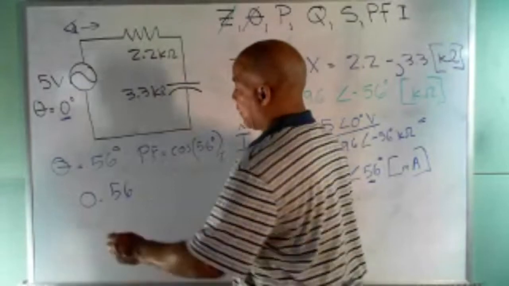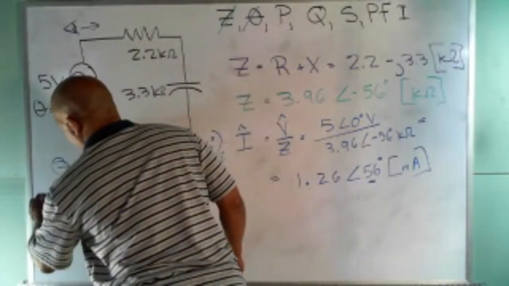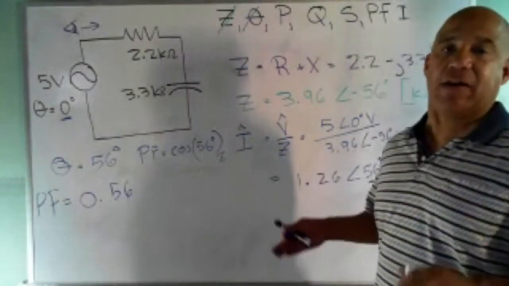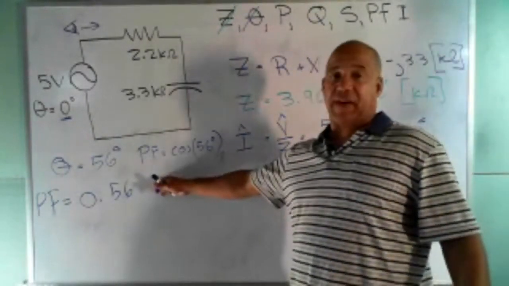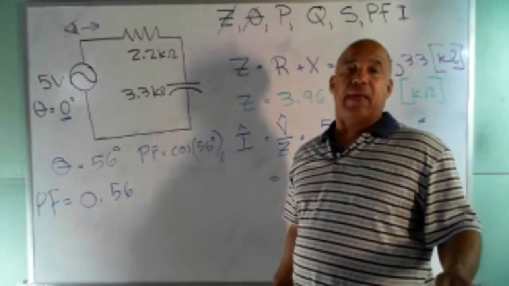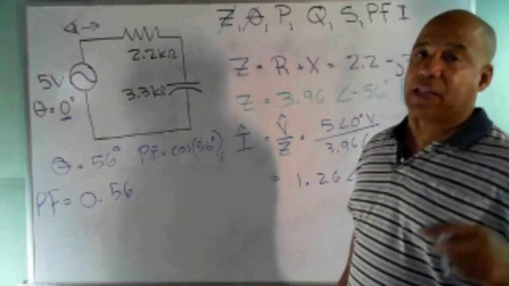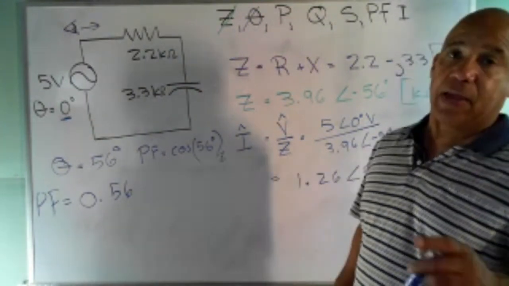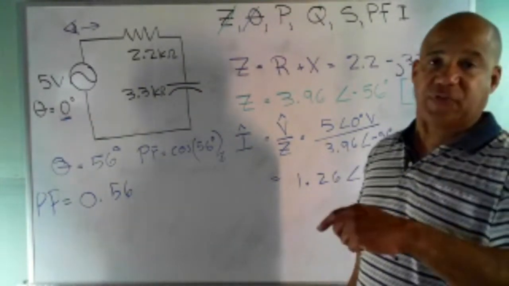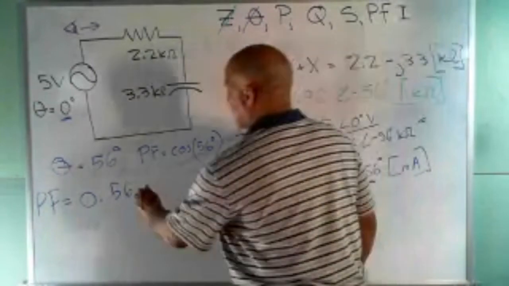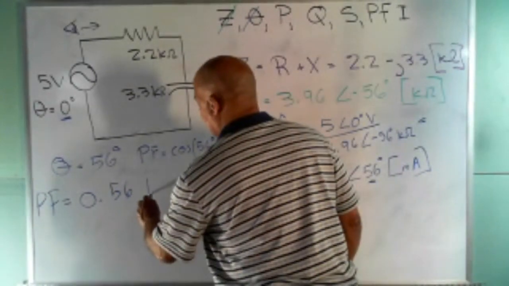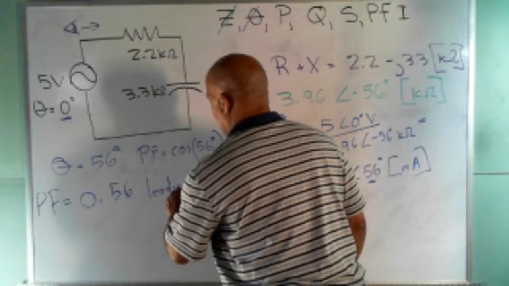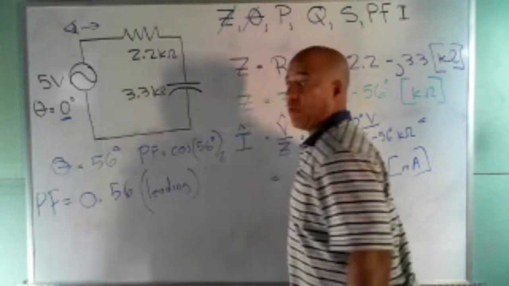Now, when you give the power factor, you always have to say leading or lagging. If you just give me 0.56, I'm going to mark it wrong. It follows the current. I erased the phasor diagram, but you know the current was leading, and the voltage was 56 degrees behind it. So I would say 0.56 leading. That's the way you report the power factor.